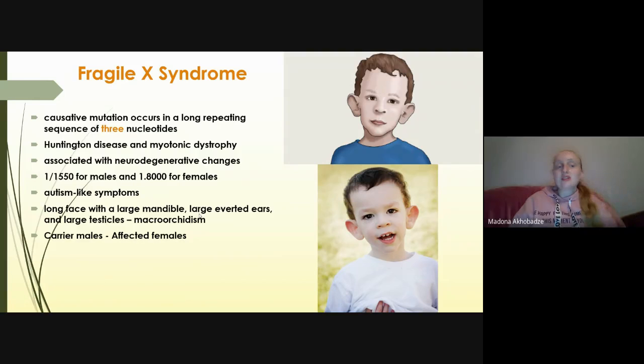It is the second most common cause of male mental retardation after Down syndrome. Carrier males are affected, and females also. Anticipation: the clinical features of Fragile X syndrome worsen with each successive generation.